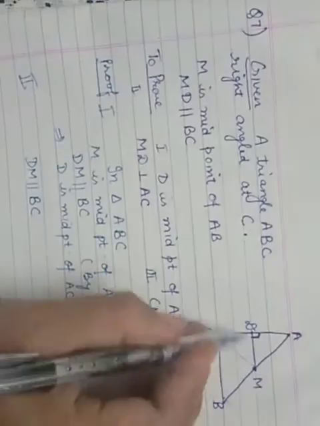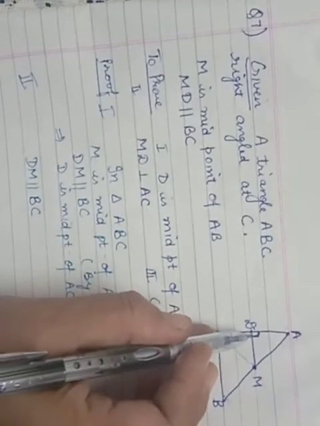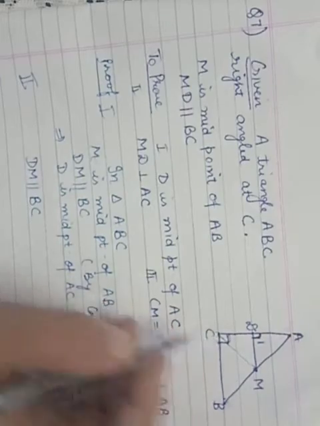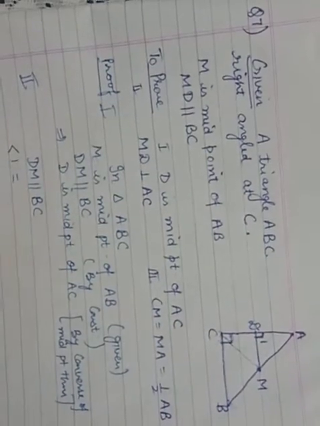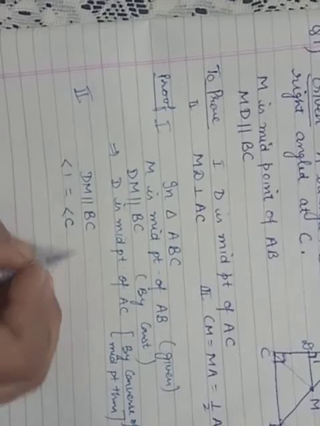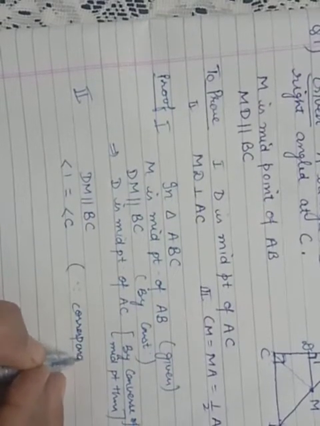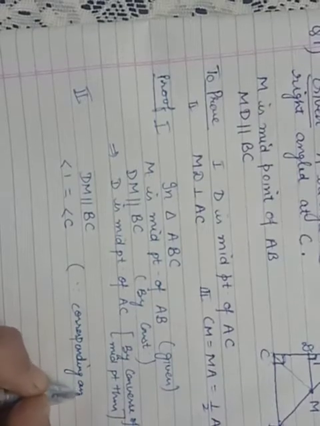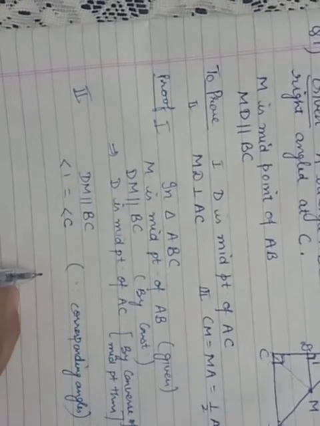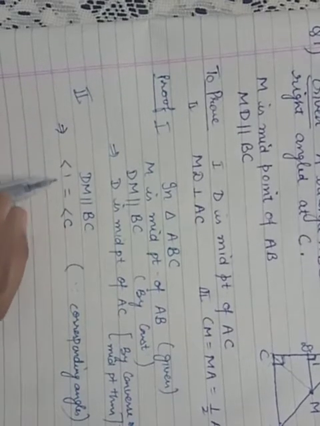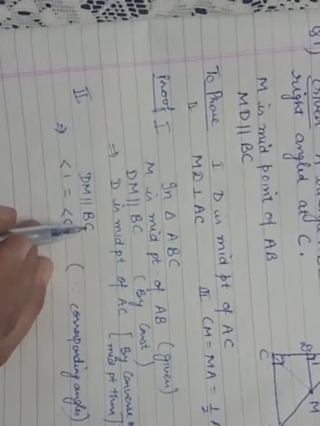Given DM is parallel to BC, what can you conclude about this angle 1 and this angle C? Angle 1 is equal to angle C. Why? They are corresponding angles, and we know that if two lines are parallel, then the corresponding angles are equal. So angle 1 is equal to angle C, as these are parallel.